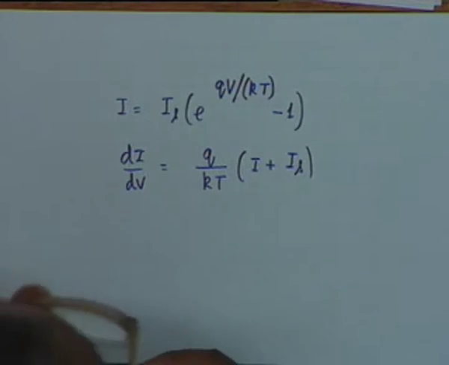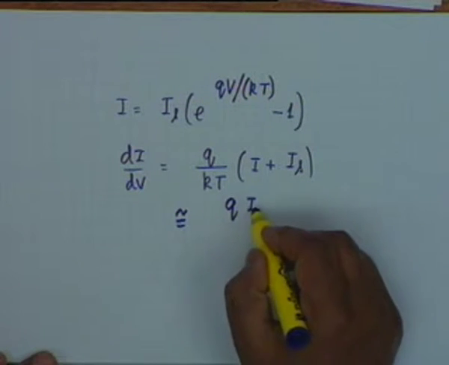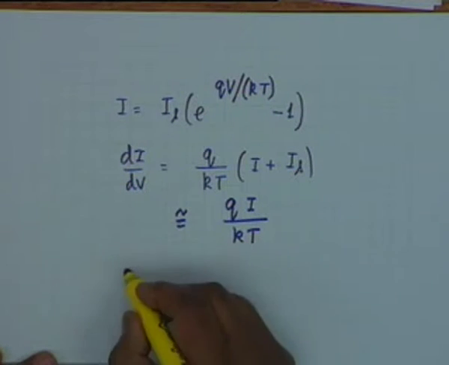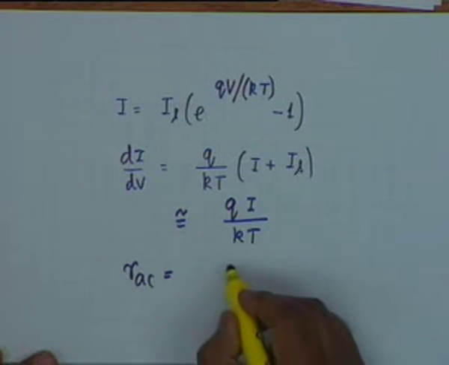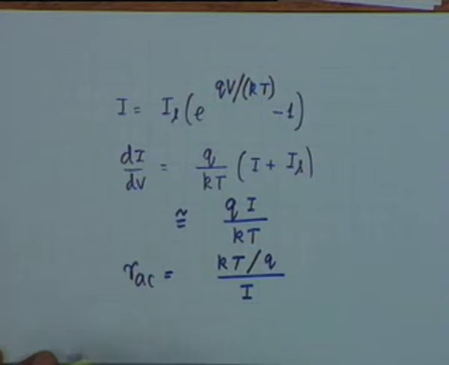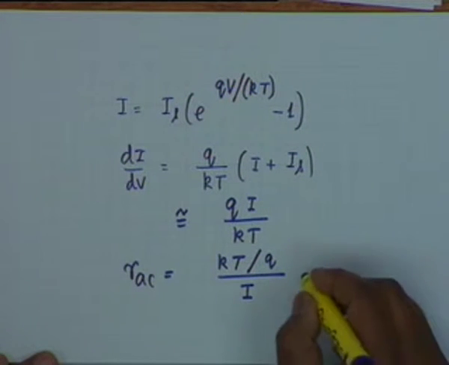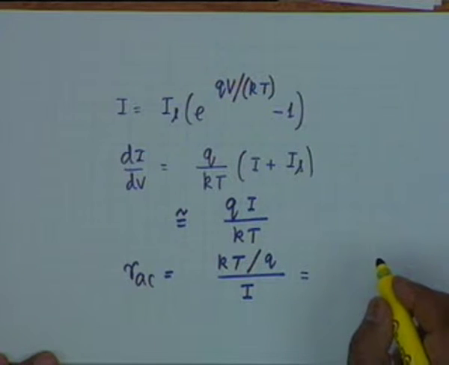If you actually differentiate, you can put it in this form, which is approximately equal to qI by kT. So that r_AC for the diode would be given by kT by q divided by capital I, where capital I is the DC Q point current of the diode, and kT by q at room temperature, you know, this is 25 millivolts.